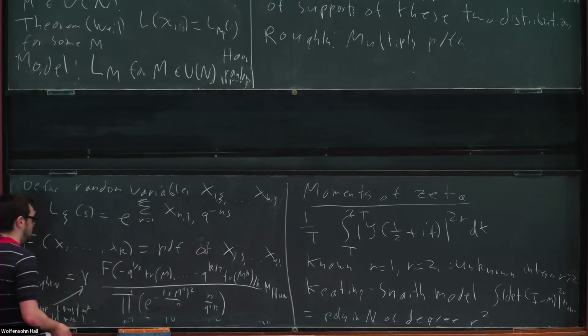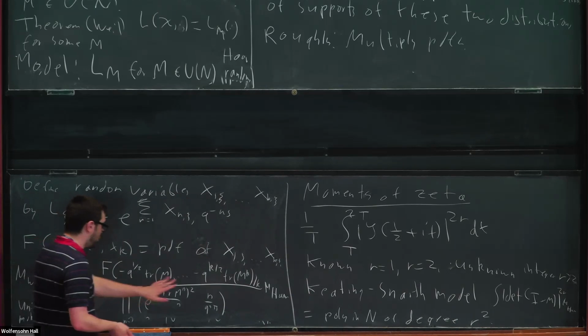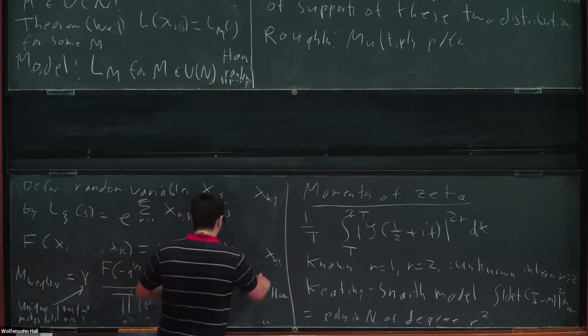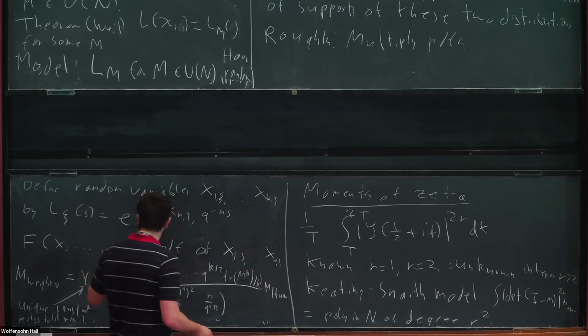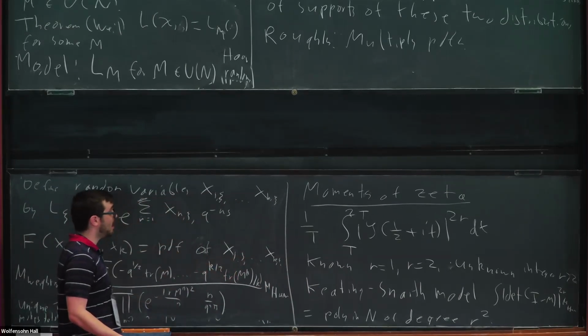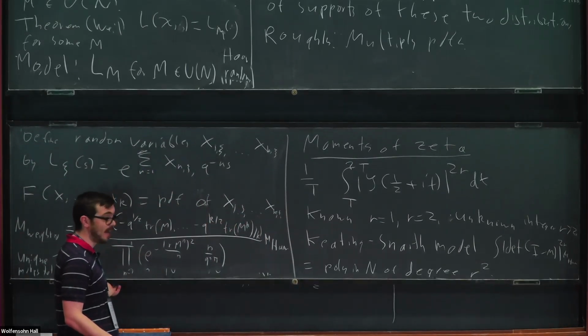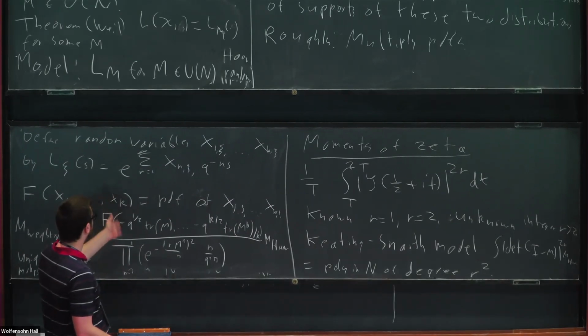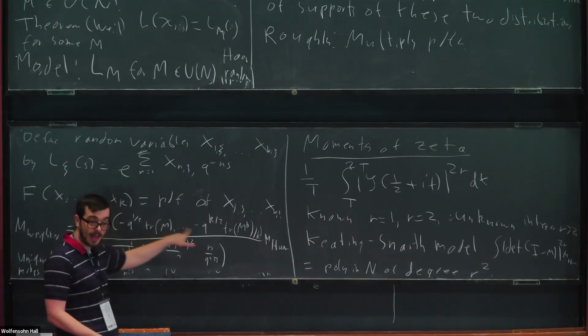So what have I done in this formula? I start with the Haar measure, and I multiply by the PDF of this x1 through xk distribution. I evaluate this PDF at the coefficients of the logarithm of Lm.